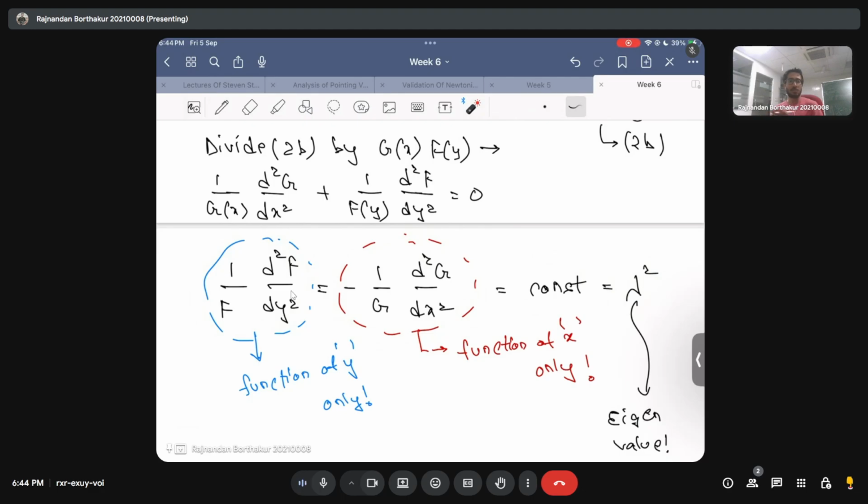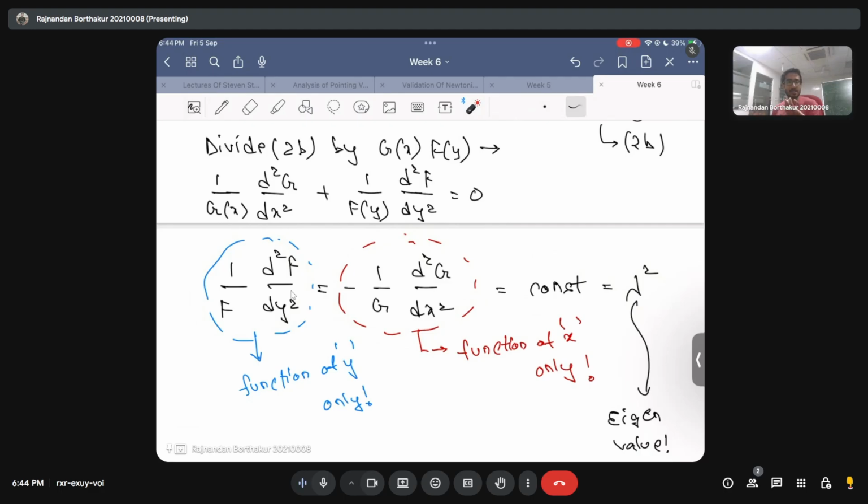And if you choose the wrong eigenvalue, at the end of the problem you will see that the boundary conditions are not making sense, which means the choice of my eigenvalue is wrong, and then you need to come back and choose the other form of the eigenvalue.